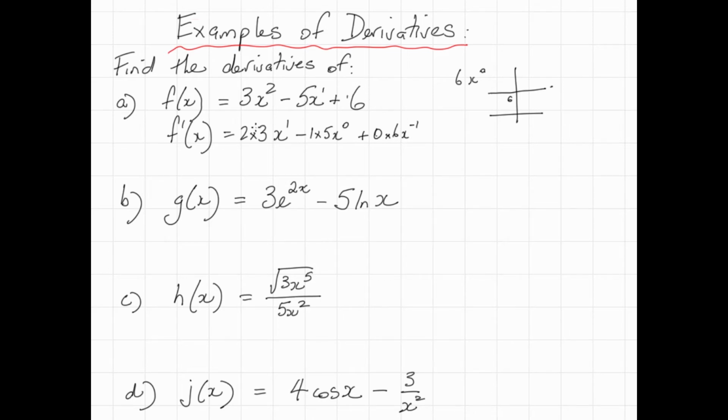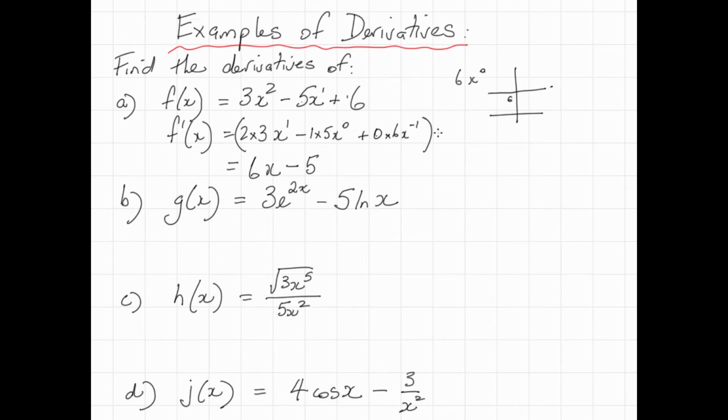Most of you, once you get used to this, won't write that line down. You'll just go to this line, and we say that 2 times 3 is 6, 1 off the power leaves x to the 1, minus 5, 1 times 5 is 5, x to the 0 will be equal to 1, so it'll be just minus 5.